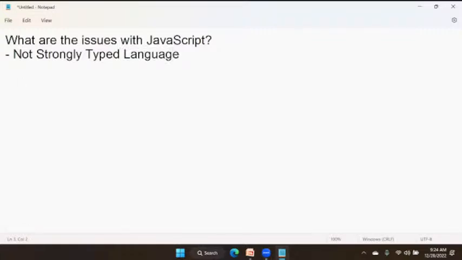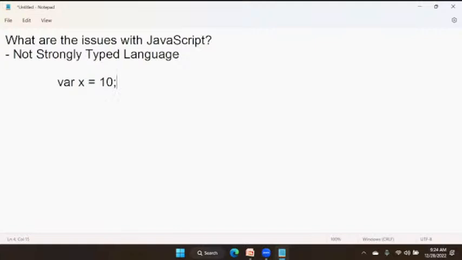JavaScript is not strongly typed means data types. Actually, suppose we have a variable, some x. In this variable, we stored some value 10. Now, what is the type of x?